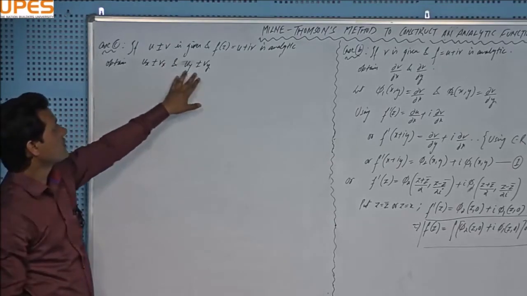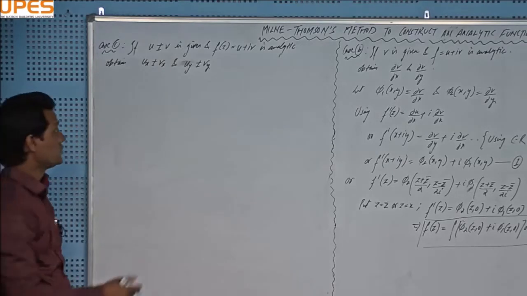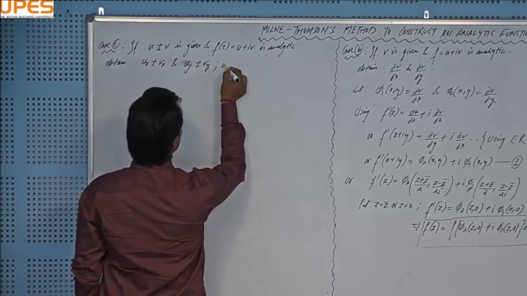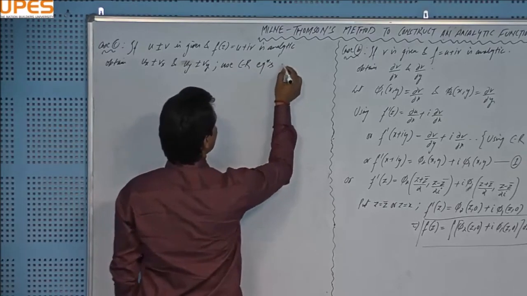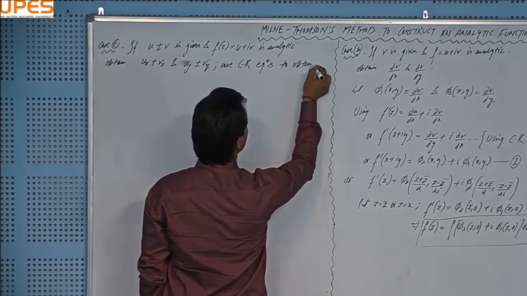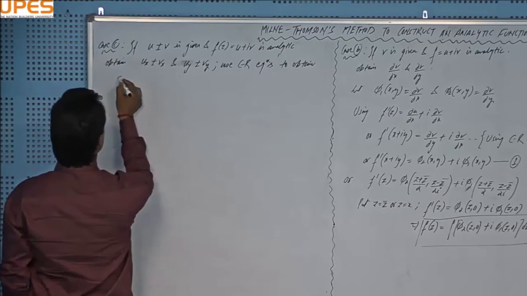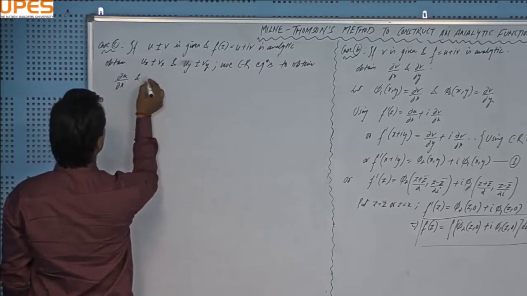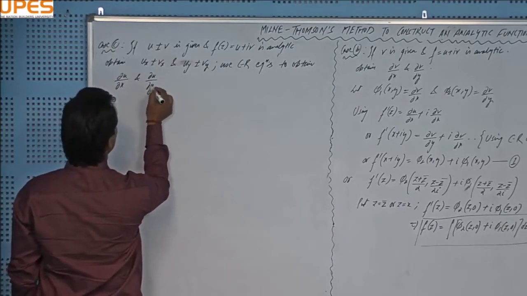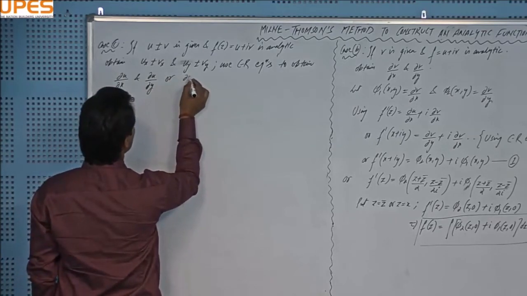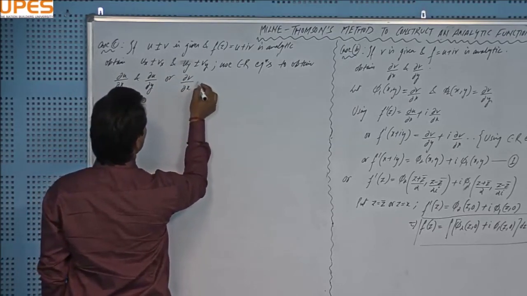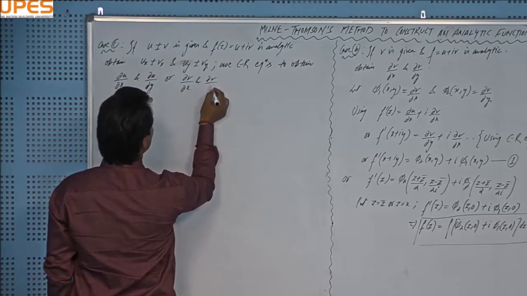Then you will add and subtract them using CR equations to obtain del u over del x and del u over del y, or you can solve them to obtain del v over del x and del v over del y.